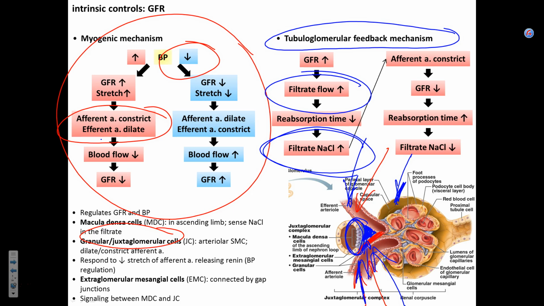Does that make sense? This is sensed by macula-densa cells. Macula-densa cells signal to granular cells to constrict the afferent arteriole. When afferent arteriole, this one, constricts, what happens to the blood flow through the glomerulus? It decreases.